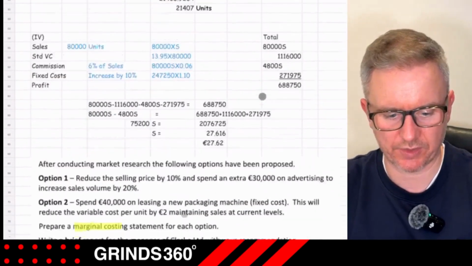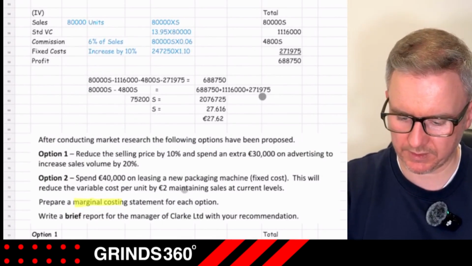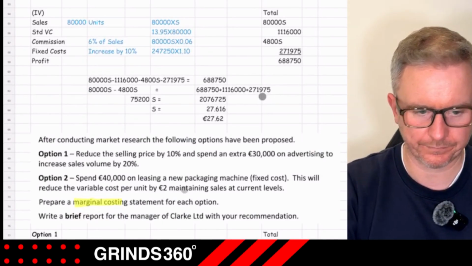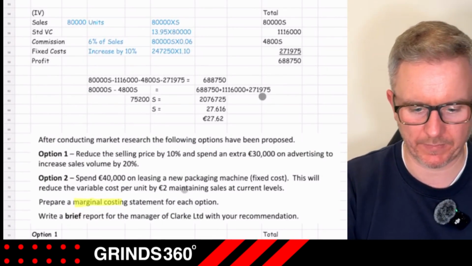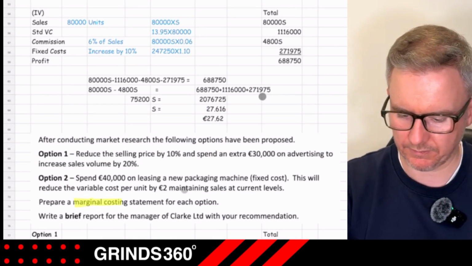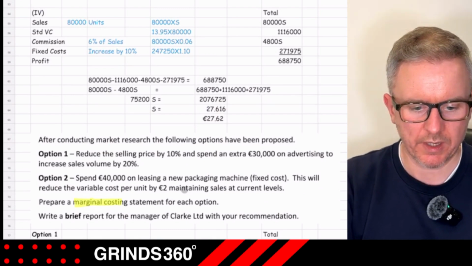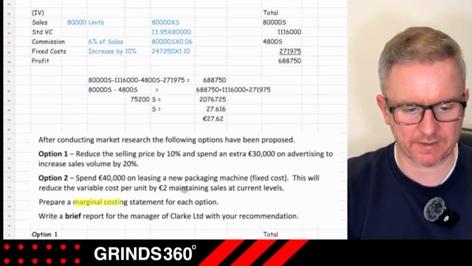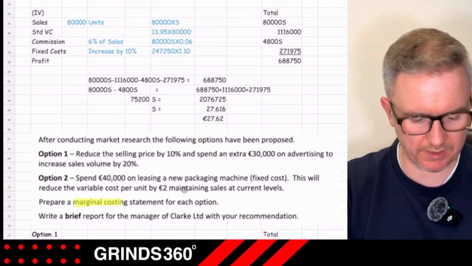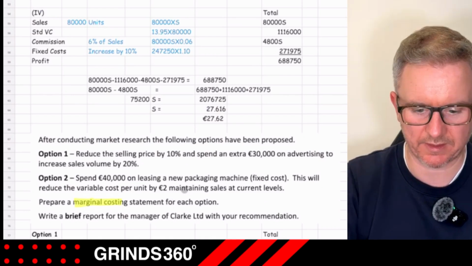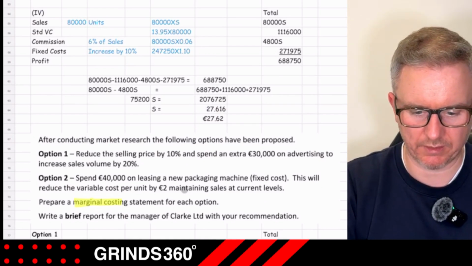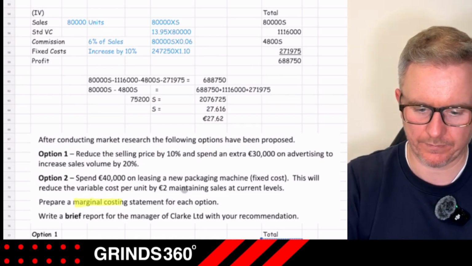That hasn't changed. So 96,000 times €13.95 is 1,339,200. Your commission hasn't changed, so it's still just 5% of your sales. So 5% of the 233.